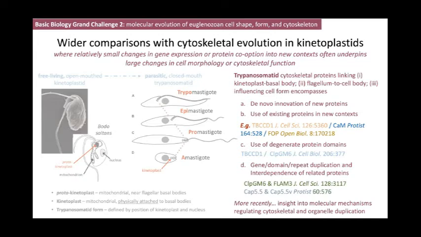We've also got examples of lineage-specific proteins such as the calpain GM6 or FLAM3, where the reduced expression of these proteins is sufficient to drive a shift from a tripomastigote to an epimastigote or a promastigote-like appearance.